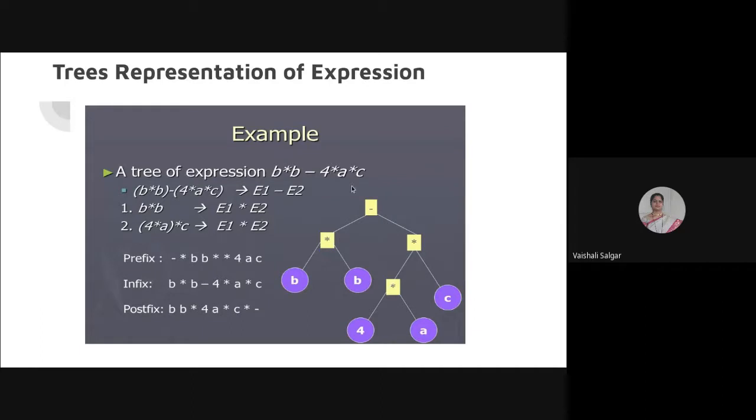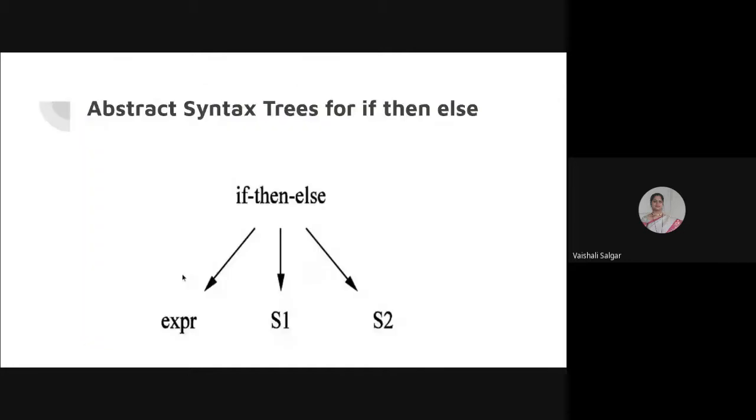Again, when you evaluate 4 into a into c, 4 into a will be considered as E1, whereas c will be considered as the second part. In this way, for the same thing which we have just solved, the prefix, infix and postfix notations are already written. You can check whether the answers are matching or not.